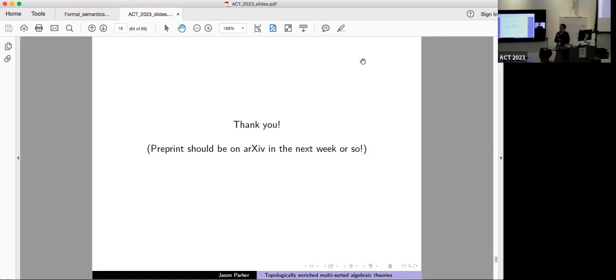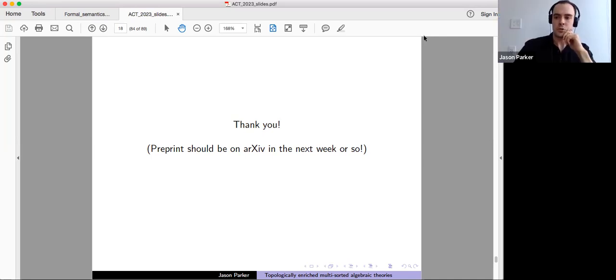So could you do a similar thing with, let's say, partial theories and considering the enriched case? Yeah, so I've given this some thought. It should be possible, I think. I haven't really thought of any obvious objections to that. So that's something that I was thinking of doing at some point later.